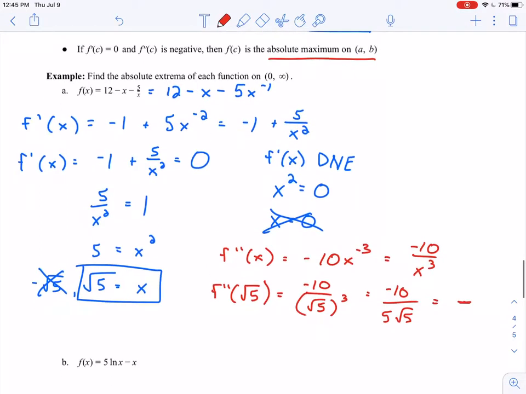What does that mean then? That negative number, I'm going to go up here for a second, that negative number tells me my function is concave downward because we were talking about the second derivative. So we must have a maximum. So that means at x equals square root of 5, I have an absolute maximum.